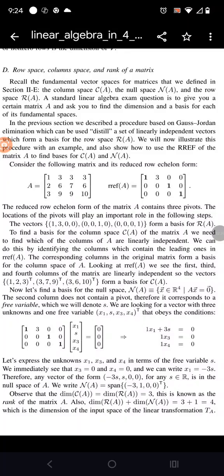Also, dimension of R(A) is 3 plus dimension of N(A), which is 1. Why is the dimension of N(A) just 1? Because it is just one vector, (minus 3, 1, 0, 0) transpose. That is its span, the null space. Totaling 3 plus 1, totaling to 4, which is the dimension of the input space of the linear transformation TA.